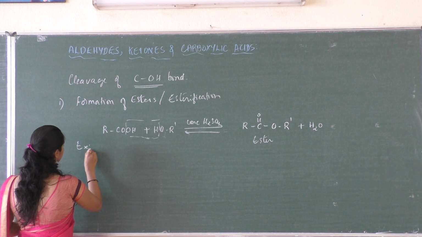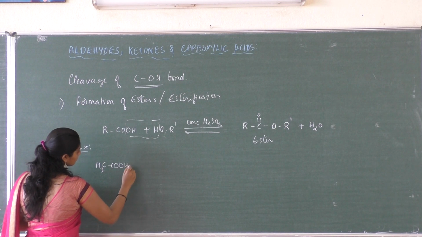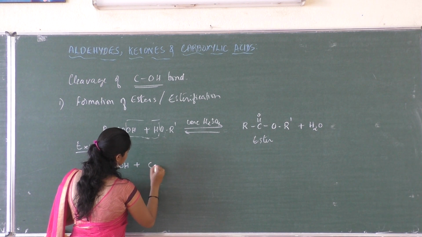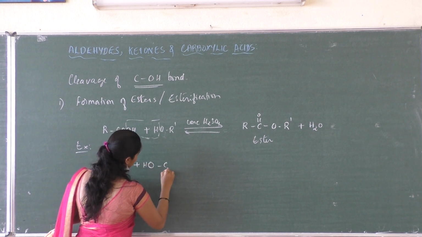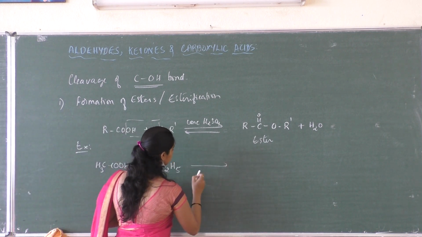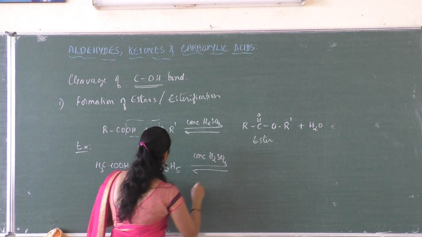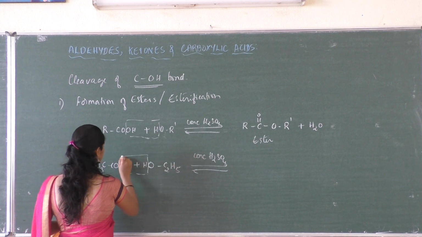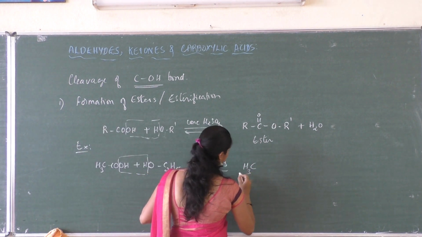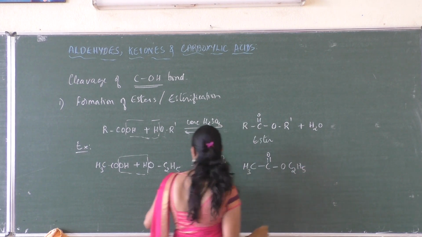If you consider an example, when acetic acid is heated with ethyl alcohol in the presence of concentrated sulfuric acid, a molecule of water is removed, so it forms CH3COOC2H5, correct?